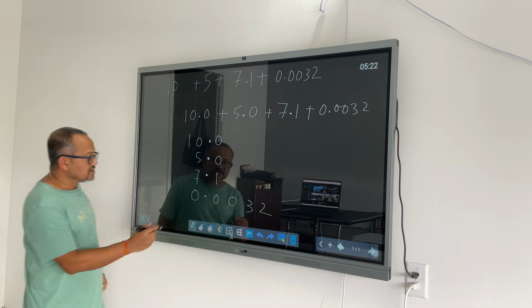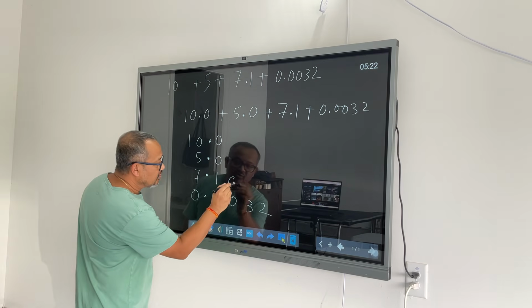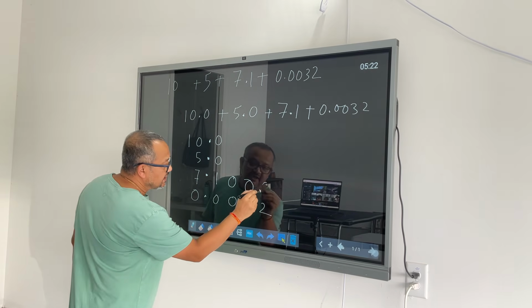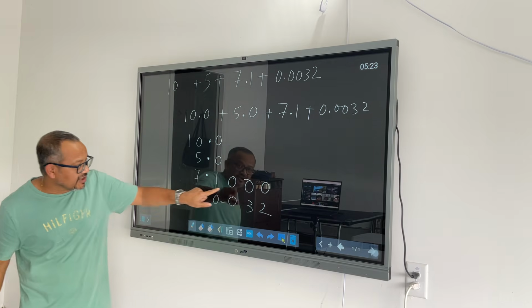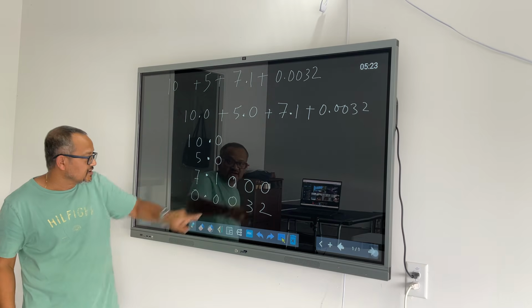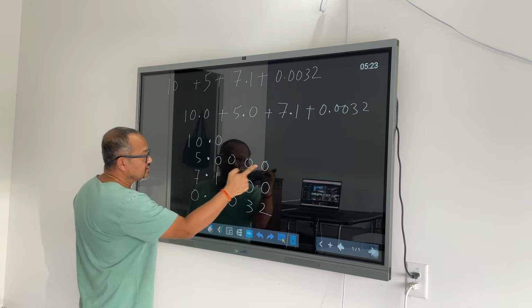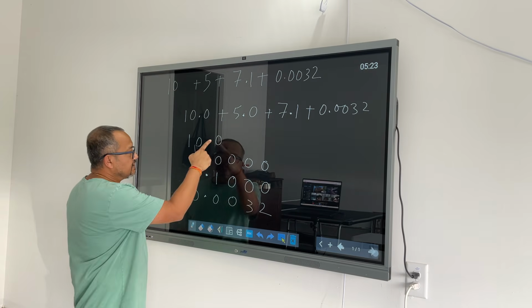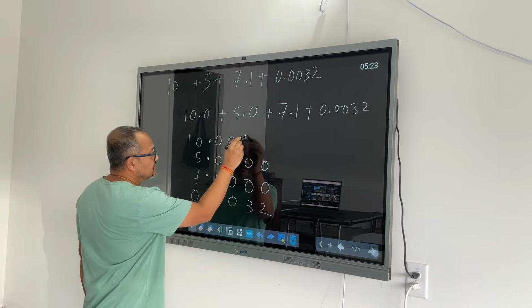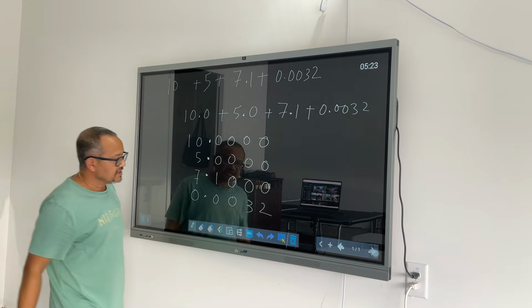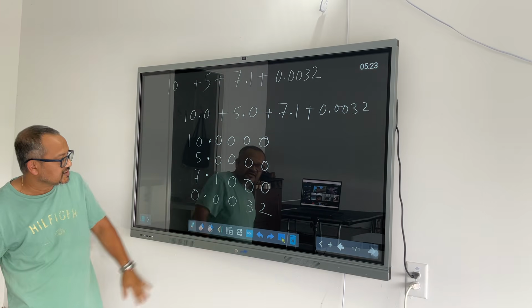So what we'll do is add zeros here. 1, 2, 3. So now this one also has 4 digits after the decimal. Add zeros here also. 1, 2, 3. So here also we have 4 digits. Here we have 1 digit. Add 3 zeros here also. See, everybody has 4 digits.